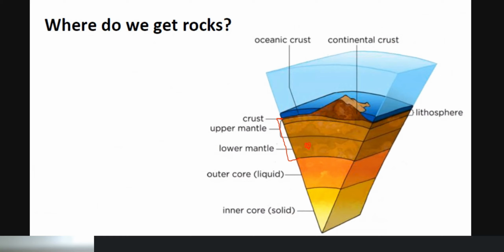This is the outer core in liquid form. Here our magma or liquid is like boiling in this manner. We have a convection type of cycle here.